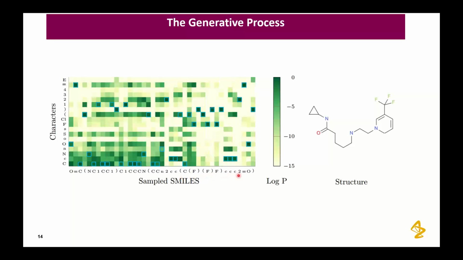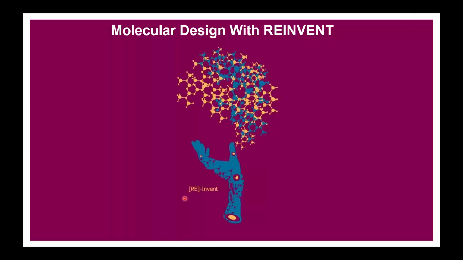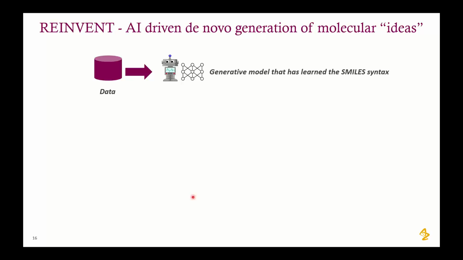So hopefully this gives you some kind of an intuition how, based on the probability, different tokens are generated by the generative model, and that results in some kind of a molecule from the deep learning model.